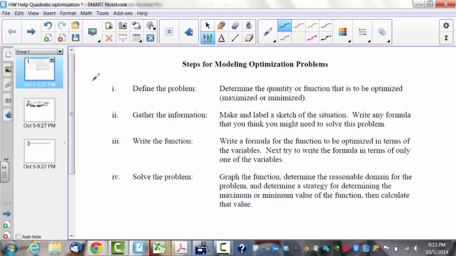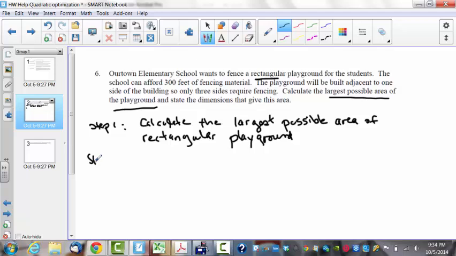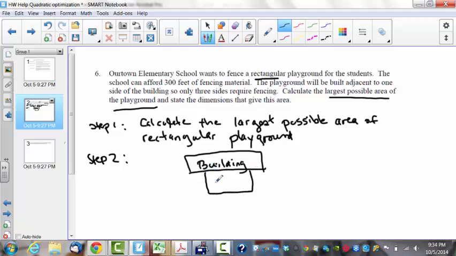Okay, let's take a look at step 2. Step 2 is to make and label a sketch, and write down any formulas you think might be needed to solve the problem. So let's draw a picture. Here we have the building. This is the school building, and we are going to draw a rectangle, which is going to represent the playground, and we don't know what the dimensions are.